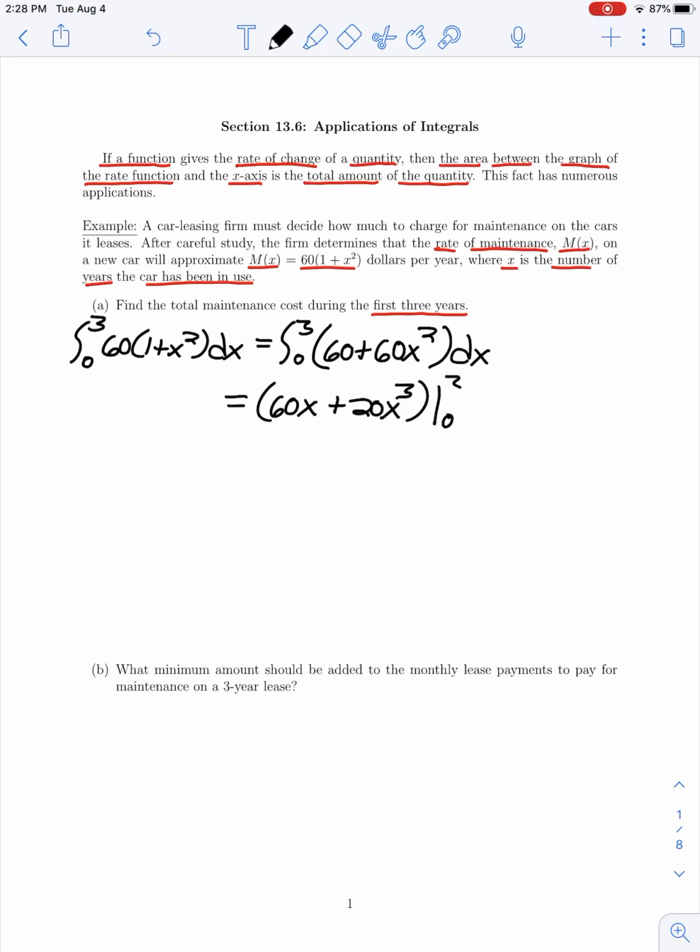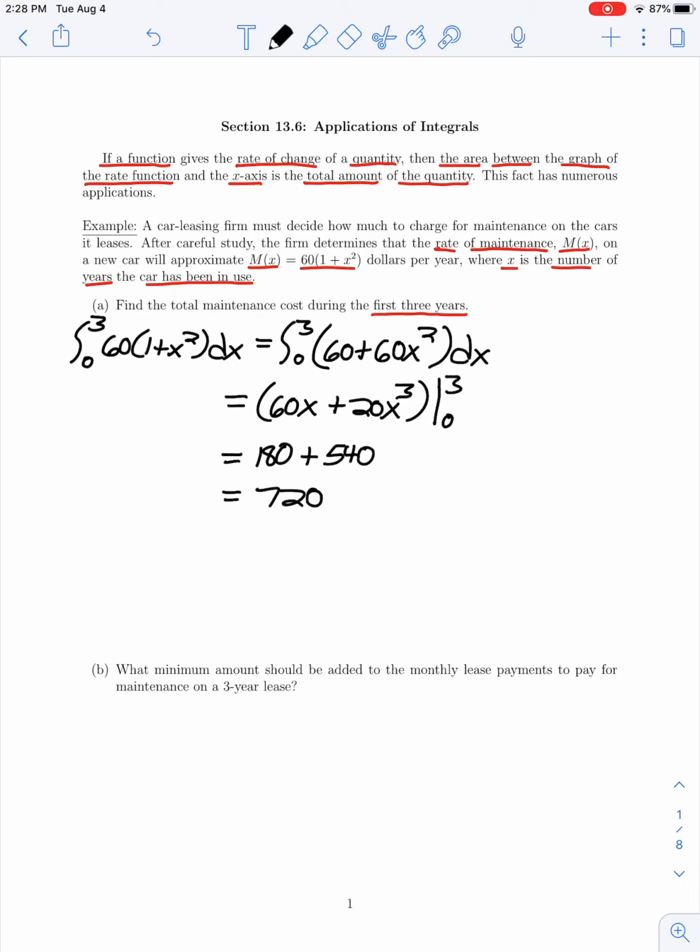Then we evaluate this antiderivative from 0 to 3. Substituting our upper limit of integration, 3, in for x, we have 60 times 3 is 180, plus 20 times 3 cubed, which would be 27, gives us 540. And then the sum of these values is 720.